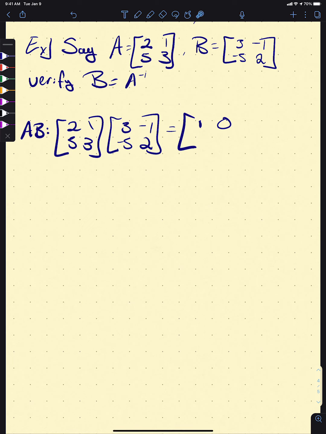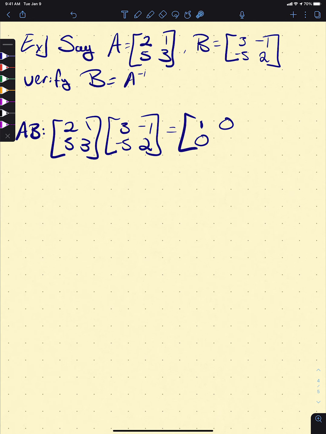Right here, it looks like we have 5 times 3 for 15, minus 15 for 0. And then right here, looks like we have 5 times negative 1 for negative 5, plus 6 for 1. Okay, so that's good.